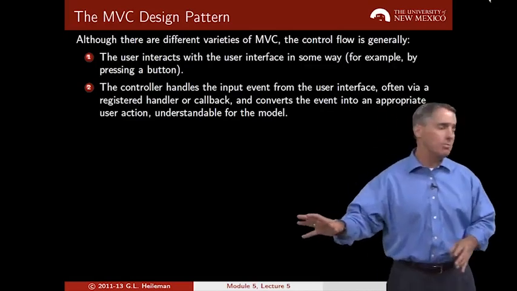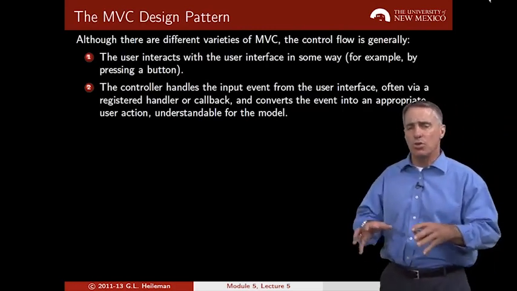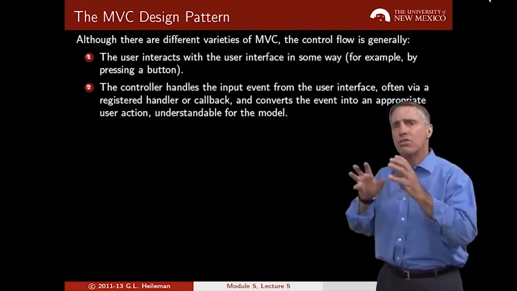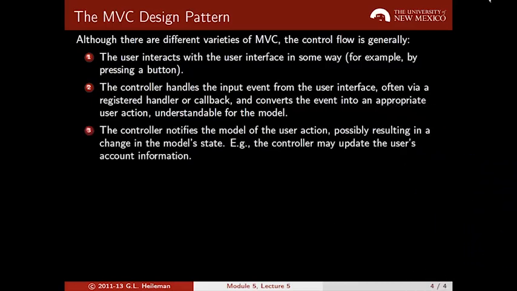When the user clicks the button, it sends an event that the controller then handles through, in many cases, some type of callback function or callback mechanism. And then that gets converted into an event that is understandable to the controller and allows the appropriate data to be extracted from the model.